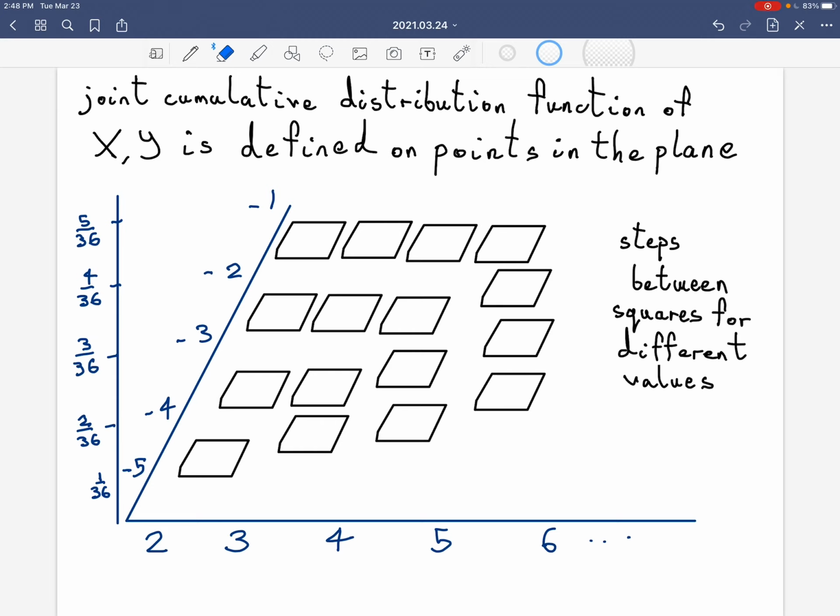But anyways, the point is you have steps that are now squares instead of line segments, and they're going up in 2 different dimensions, jumping every time you pass over a new value of the random variable. Let's have a look at the black square on the bottom left.